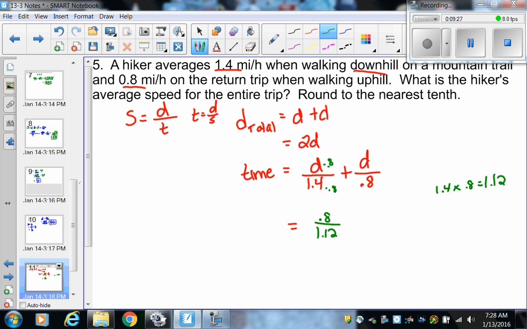So that's going to give me 0.8d. Plus, to change the second one to 1.12 on the bottom, we multiplied by 1.4. So up top, if I multiply by 1.4, that's going to give me 1.4d. Now we can just add 0.8 and 1.4. We get 2.2d over 1.12.